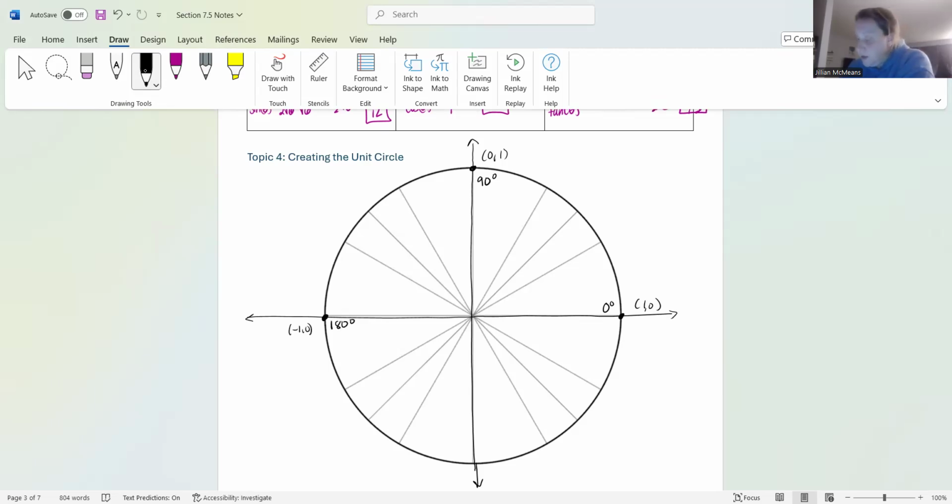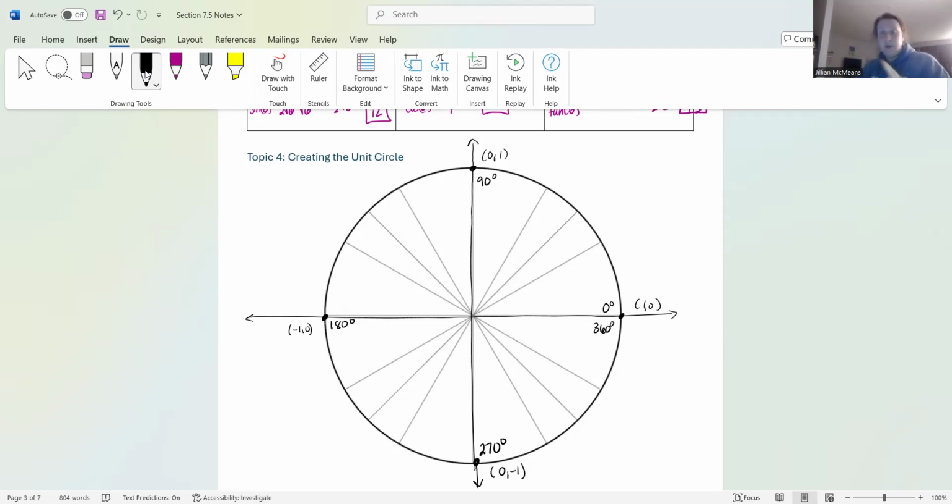If we go to the negative y-axis, we have the ordered pair 0, -1, and this occurs at 270 degrees. And then if we do one full revolution, let's say we were drawing an angle that intersects this unit circle, we would go right back to where we started from. So the ordered pair 1, 0, and that would be 360 degrees, okay?